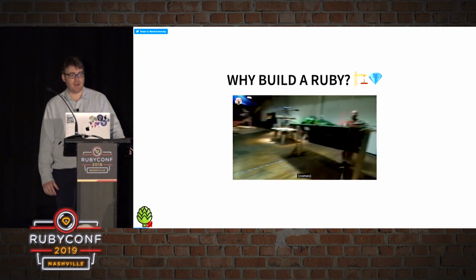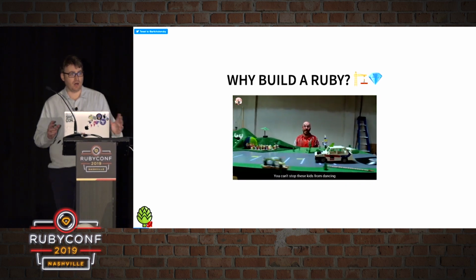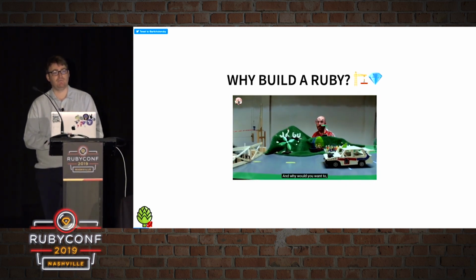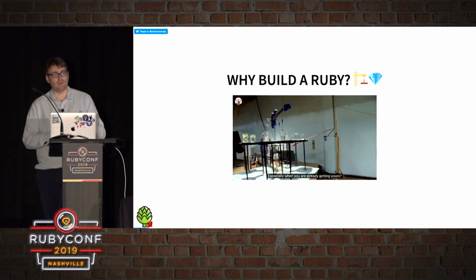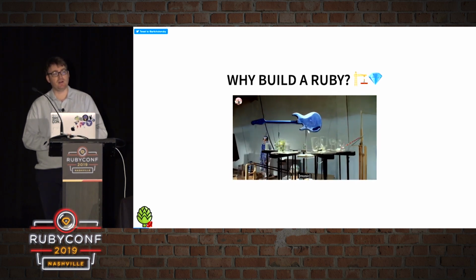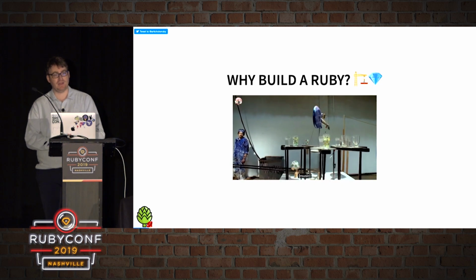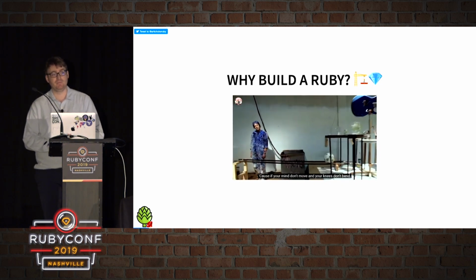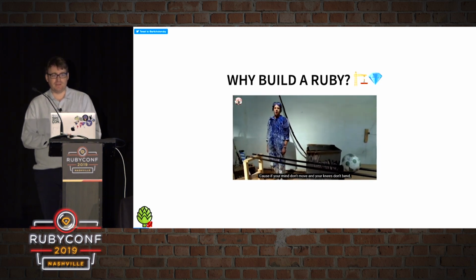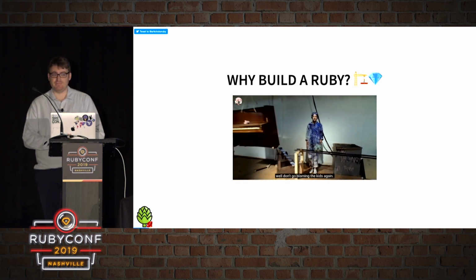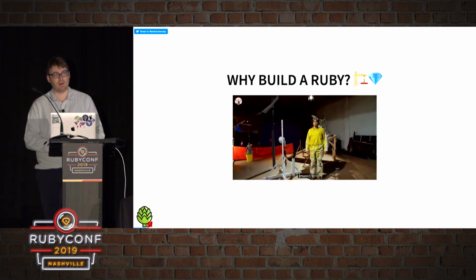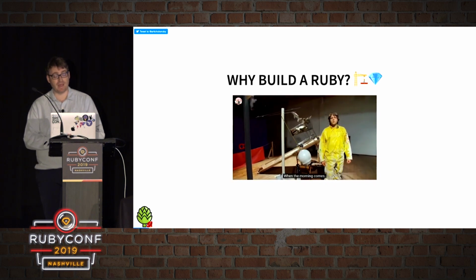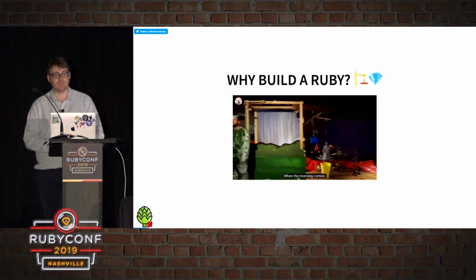In the essay, Worse is Better, the author posits that there's 2 styles of software development. One, called the MIT style, or the crown jewel style, is to be very design-focused and build the perfect thing that's not done until it's done. When trying to build a Ruby, that seems like the wrong approach to take because there's so much to do, there's so many idiosyncrasies in MRI that getting it right from the outset is next to impossible.